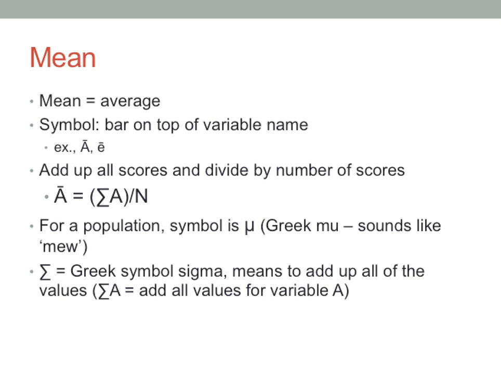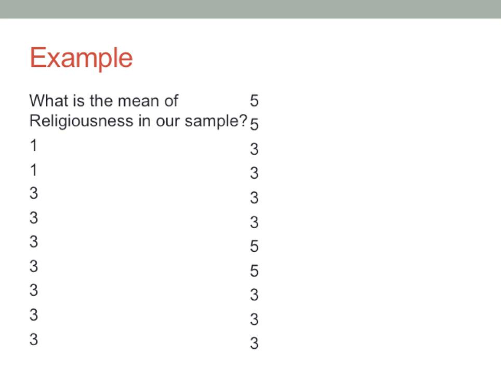So now that you have a little bit of an idea of what mean is, let's go and do an example. So, as with past examples, just go ahead and pause the recording, then calculate it, and then start it up when you are ready. All right, hopefully you are good.